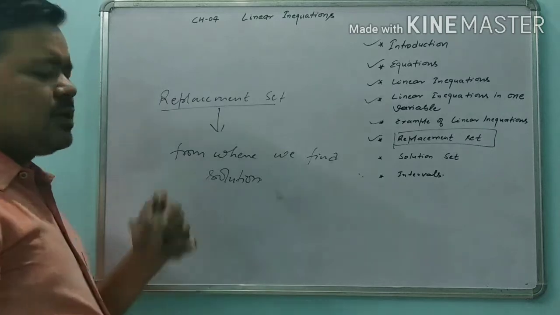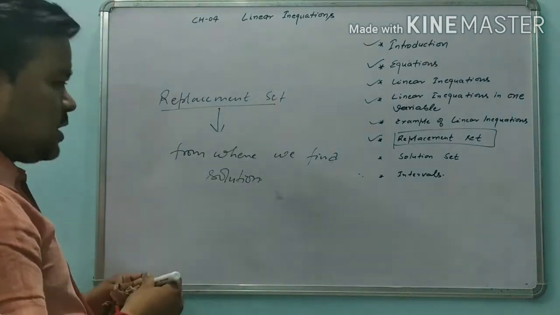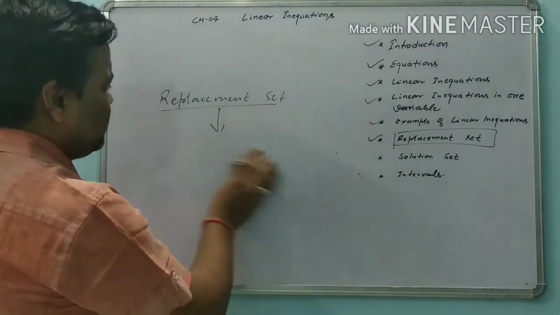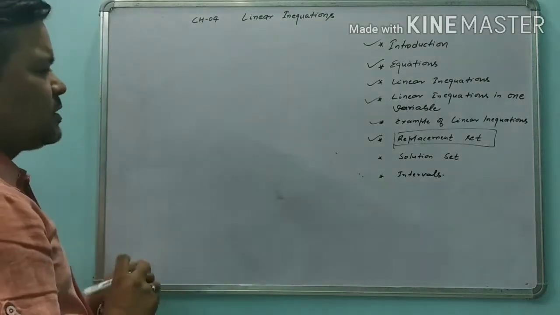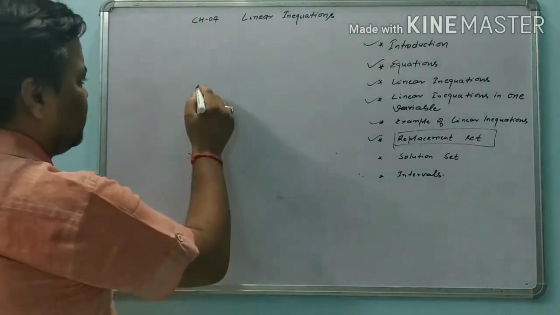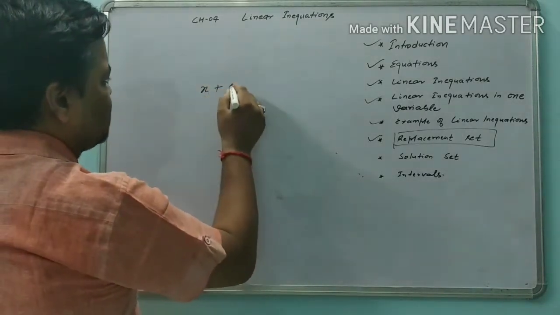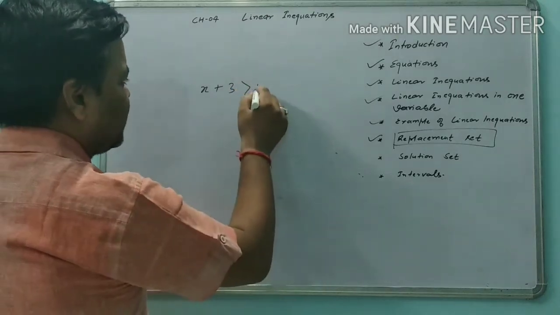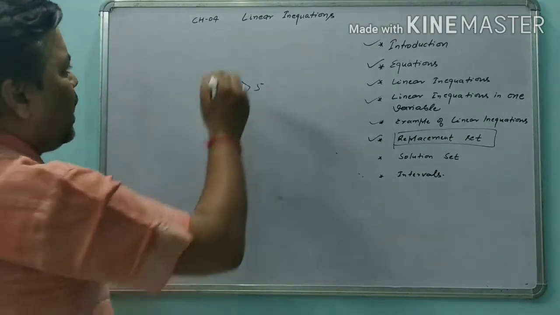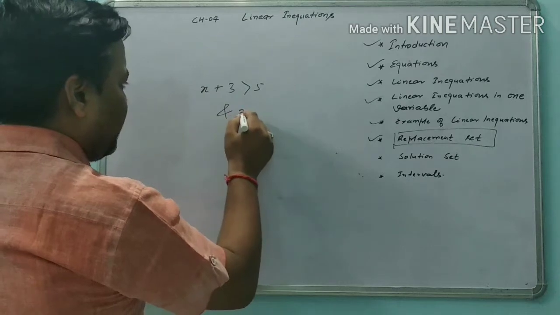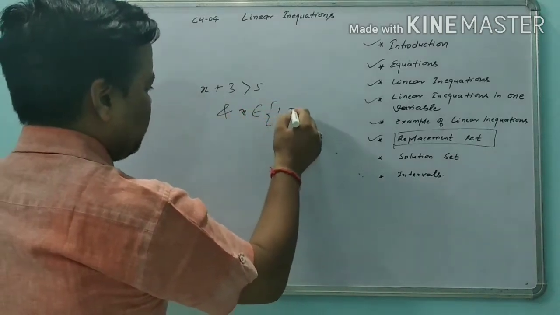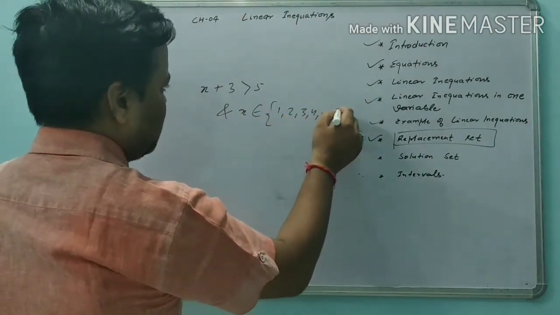Means from where we get our solution. Just like with the help of an example, again we try to understand what the replacement set is. Let x plus 3 greater than 5, and x belongs to 1, 2, 3, 4, like that.